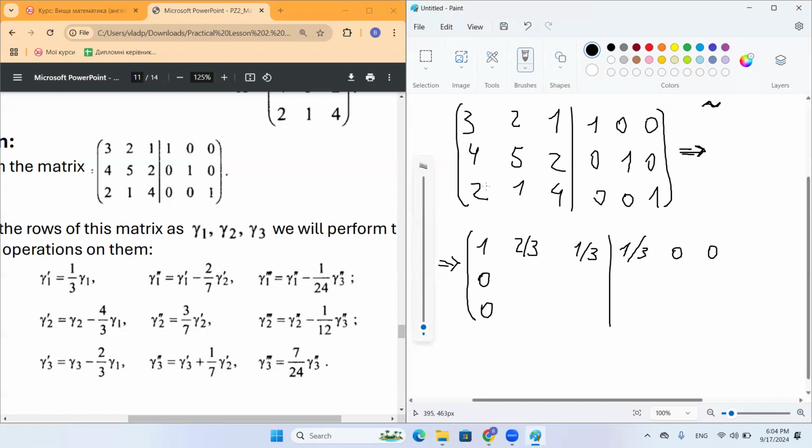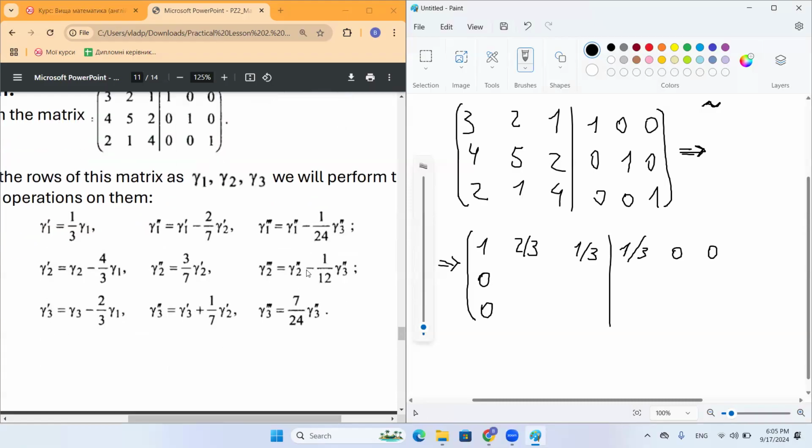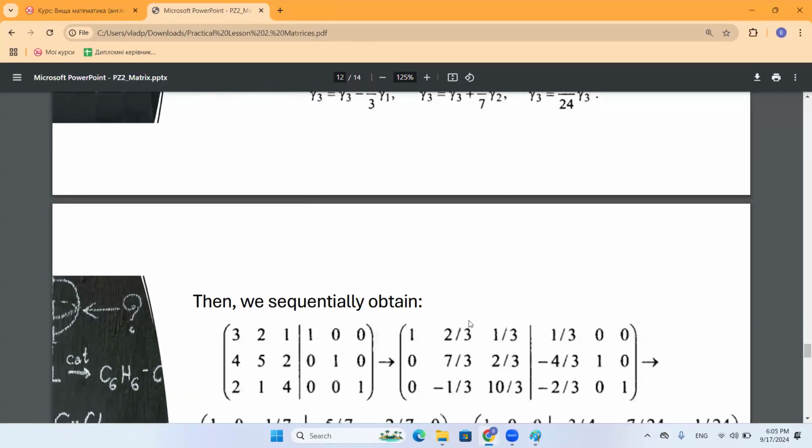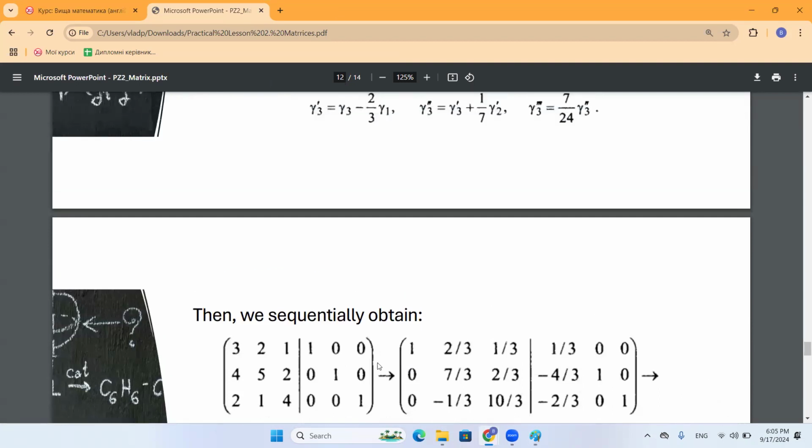Okay, so how do we get 0 here? I just multiply 3 by 3/4 and subtract it. And what about 5? Okay, I don't like working with fractions, so let's look at the example, because we will make a lot of mistakes and I don't have enough space. So what do we have here?